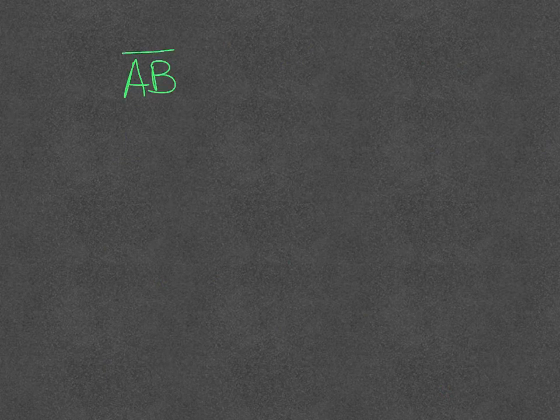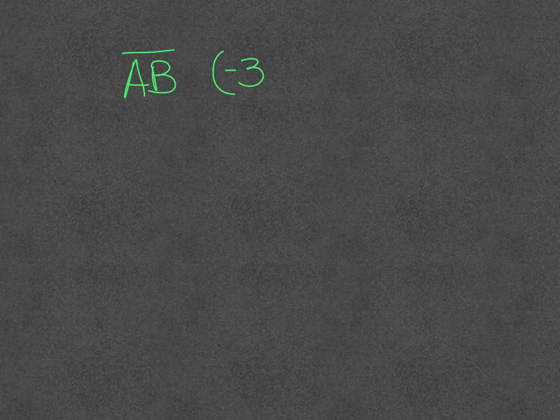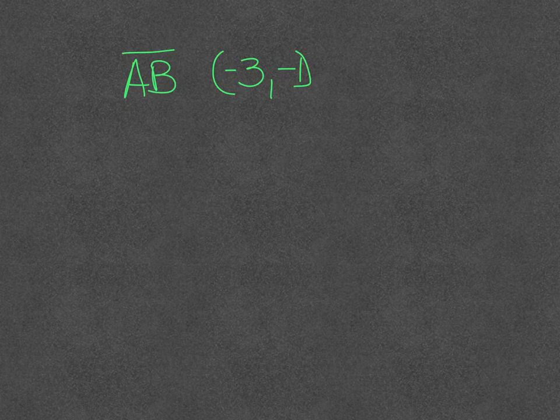All right, let's say that I have the line AB, and from that line we have the points (3, -3, -1) and (2, 9).